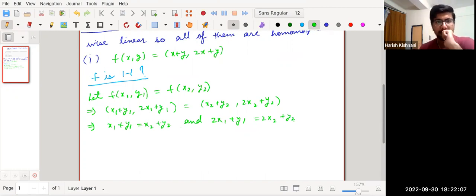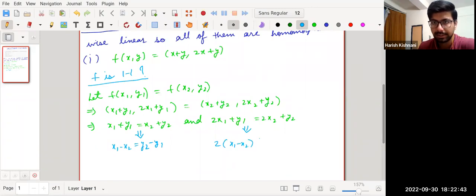Now from here, how can you conclude that (x1, y1) is the same as (x2, y2)? See, the first equation will imply that x1 minus x2 is y2 minus y1, and the second will imply that 2 times (x1 minus x2) is the same as y2 minus y1.